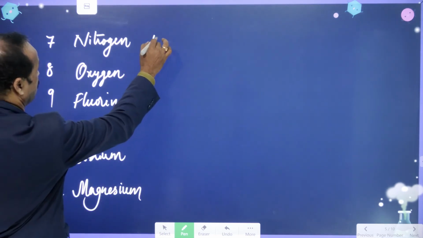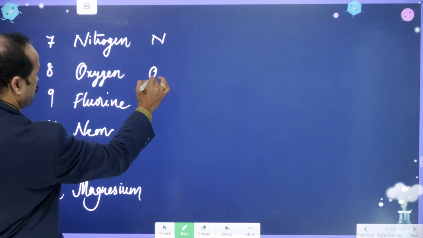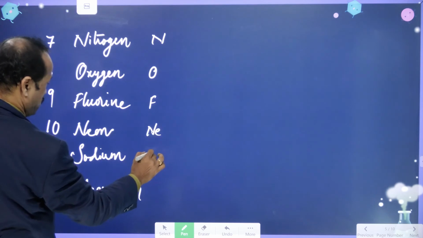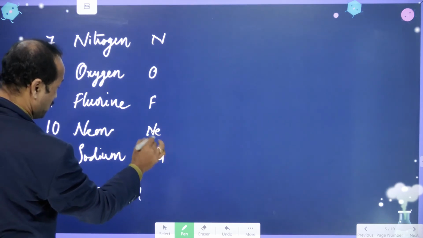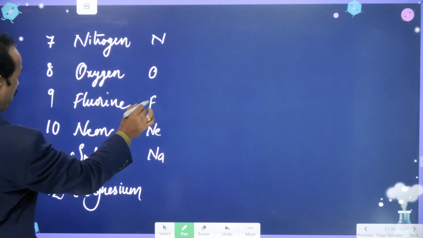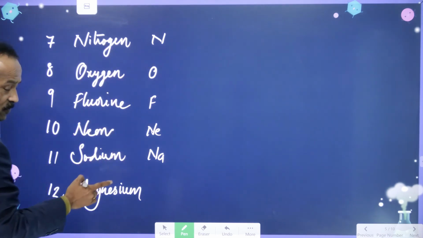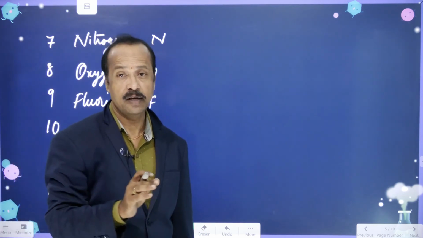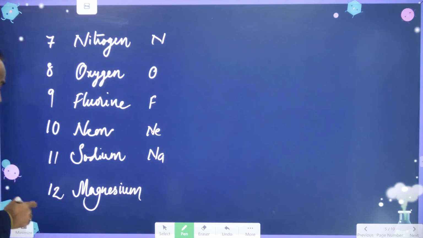Symbol: nitrogen N, oxygen O, fluorine F, neon Ne, sodium Na. See here, remember till here nitrogen N, oxygen O, fluorine F, neon Ne, but sodium is different, because the symbol is taken from the Latin name, natrium, right?